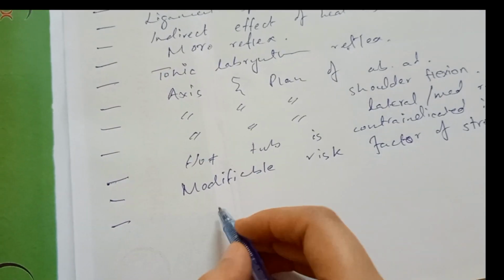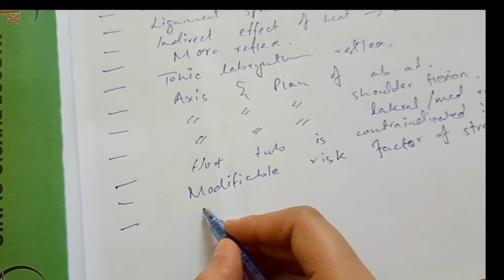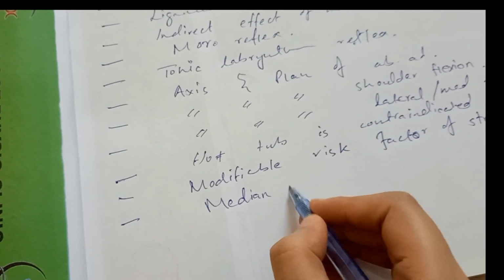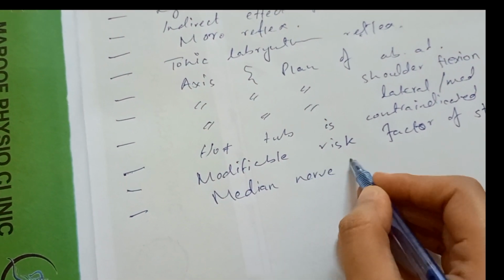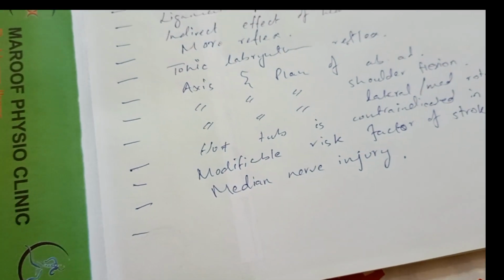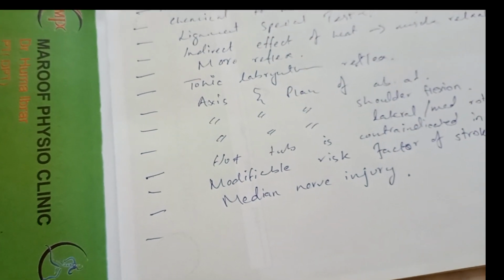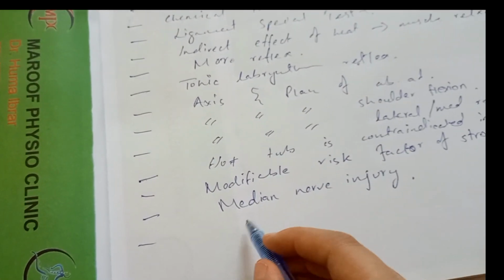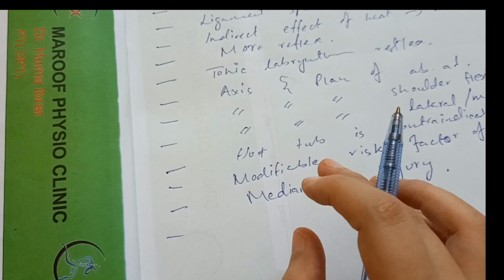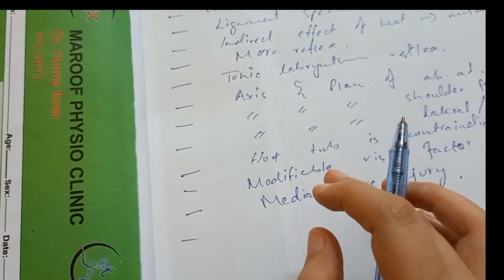Then there was a question about median nerve injury. After that, falling on an outstretched hand, increased pain on wrist flexion and lateral wrist pain.